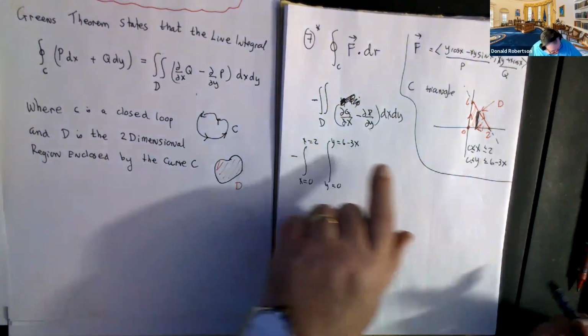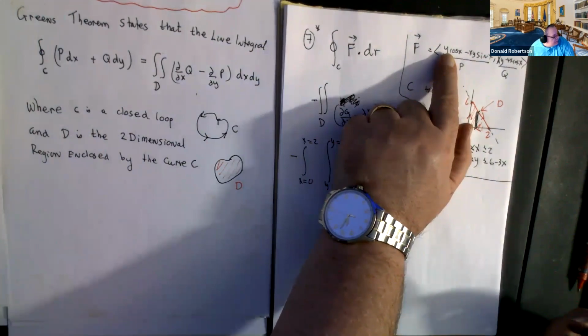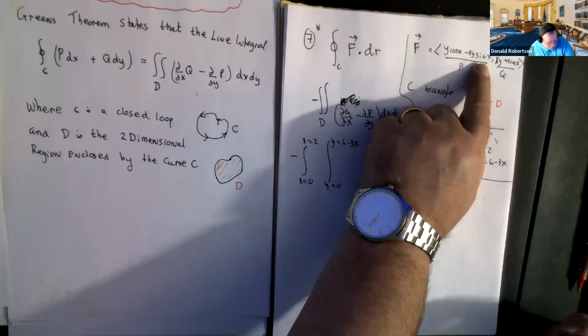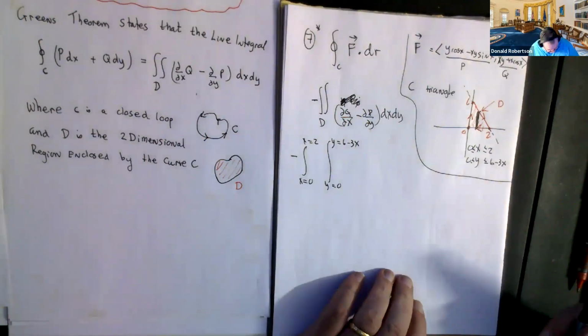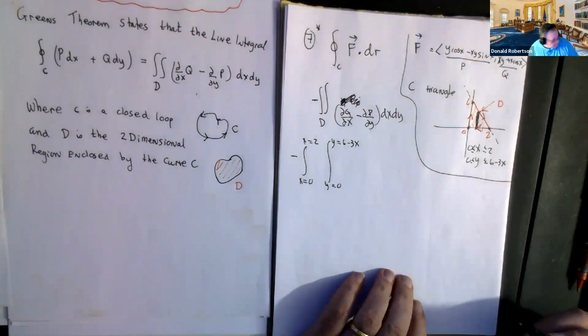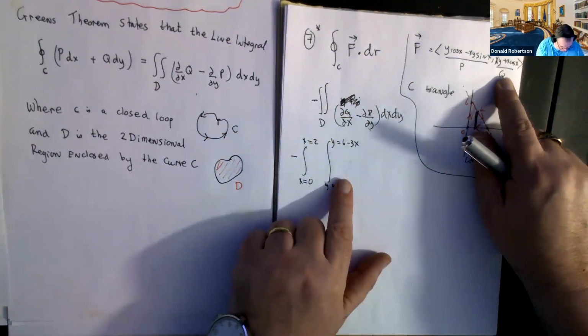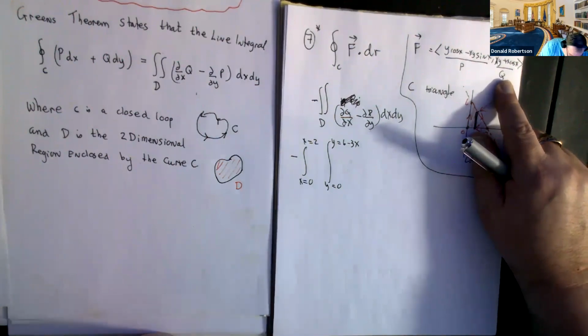Let's check. It's y cosine x, check. Take away that guy, check. And then it's this guy, check. And that guy, check. I didn't do that wrong. So that guy, when you differentiate, should just get you. Doesn't get you.